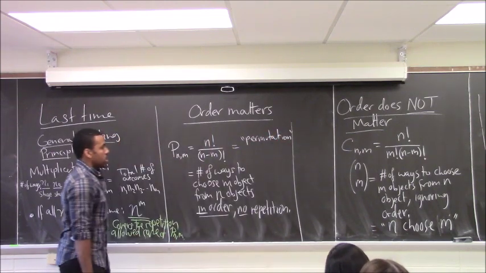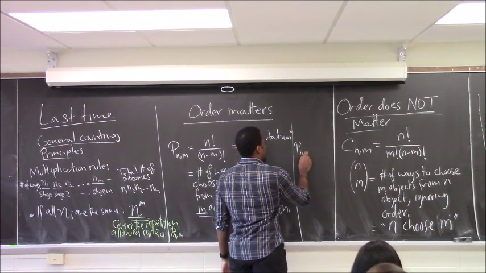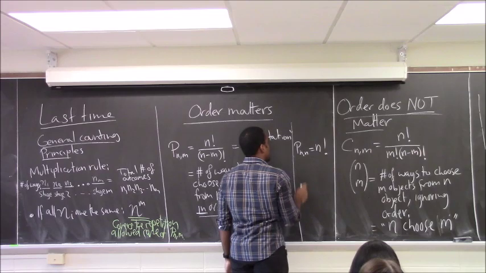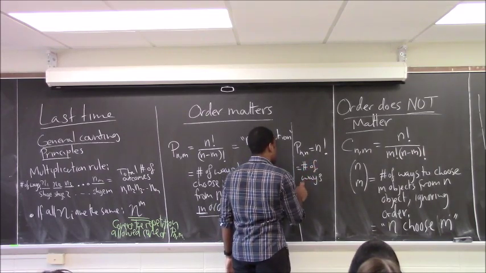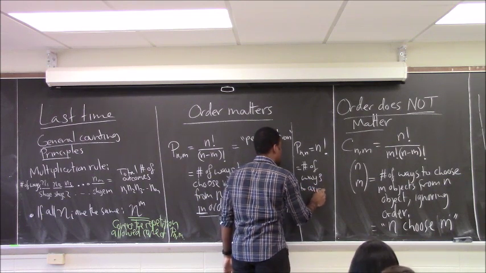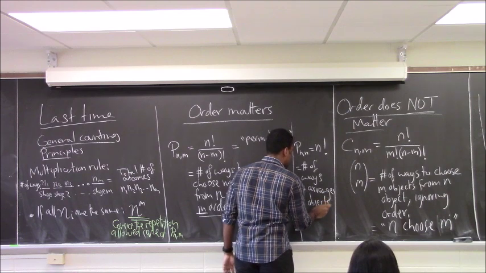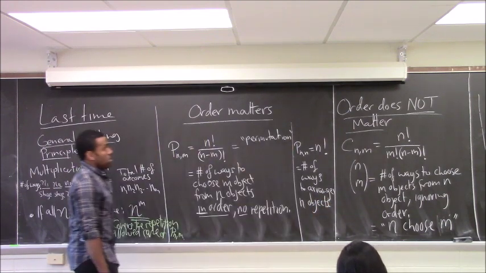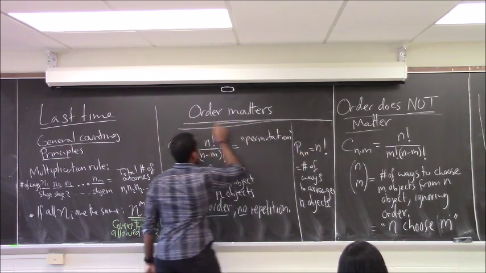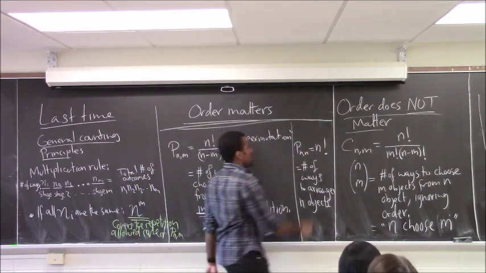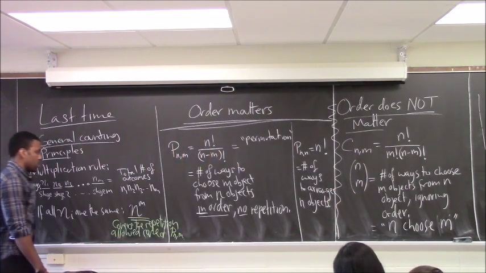It's so called because P(n,n) equals n factorial, the number of ways to arrange n objects. So order matters over here for all of these, and order does not matter over here. These are some general counting principles.